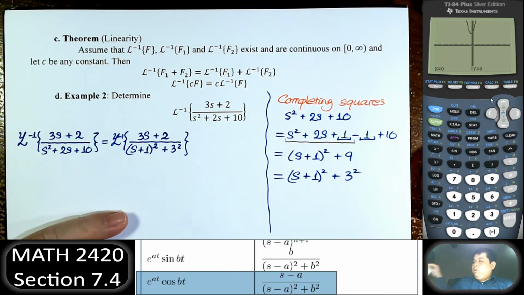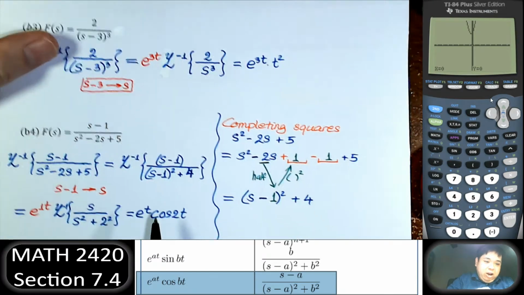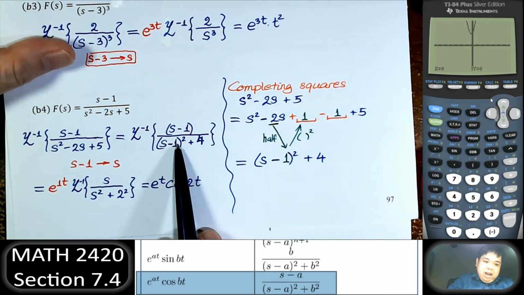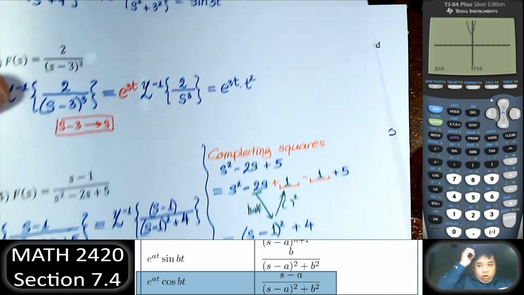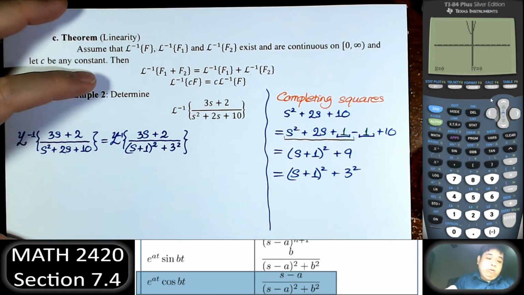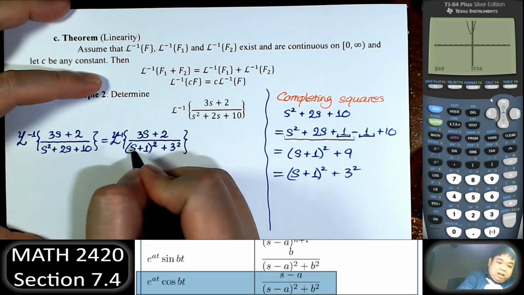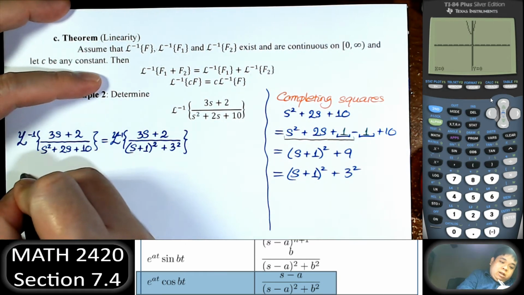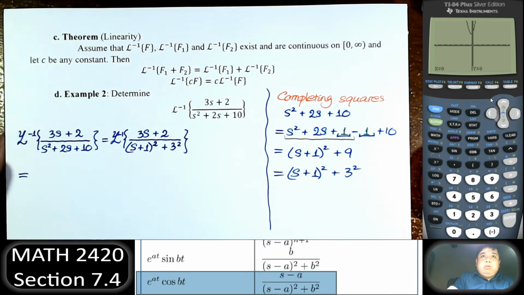Now, similar to the previous problem, we try to manufacture the s minus a in terms of s, replace that with s, and then we can go from there. However, this is a little more complicated. We have 3s plus 2 on the top, so we have to be a little creative here.